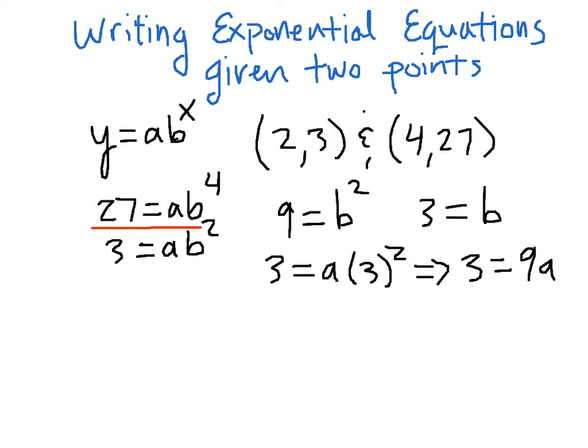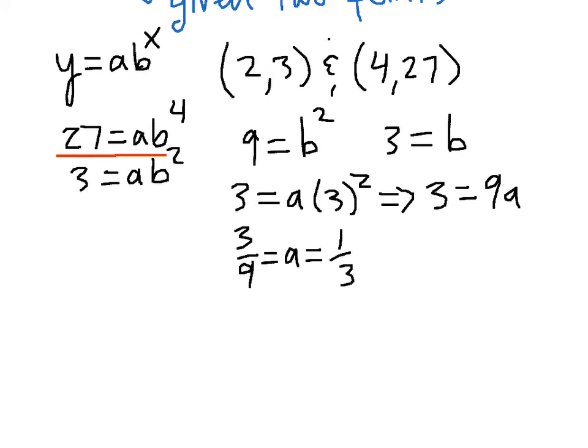So a ends up being 3/9 or 1/3. So when we write this as an exponential equation with both parts, we end up with y equals 1/3 times 3 raised to the x.